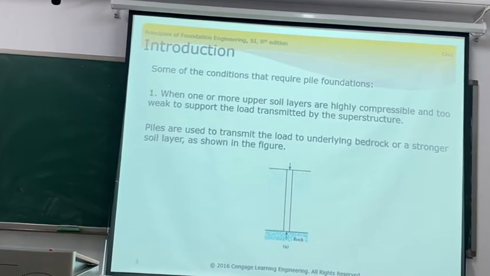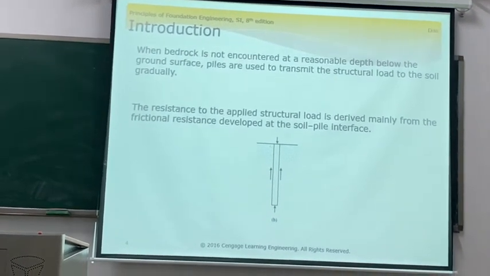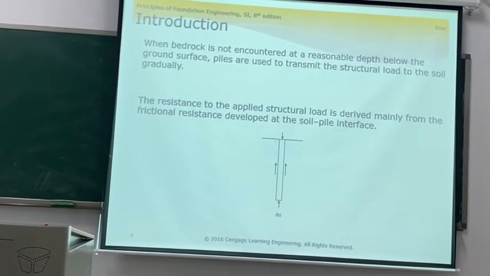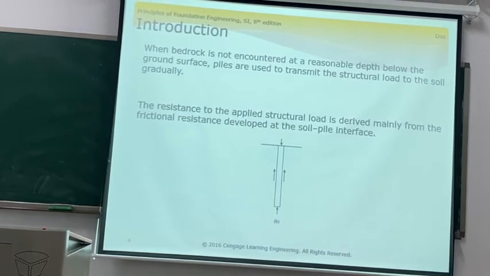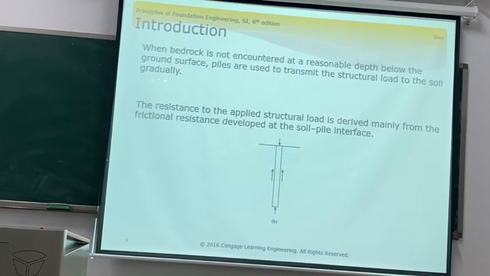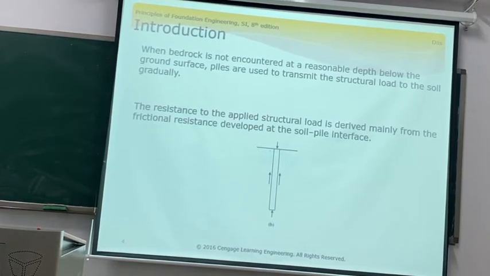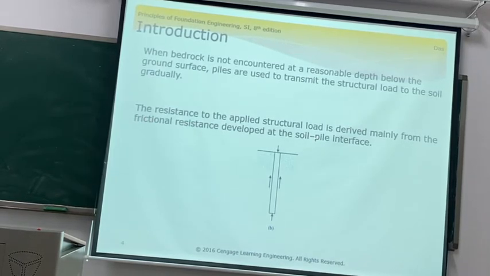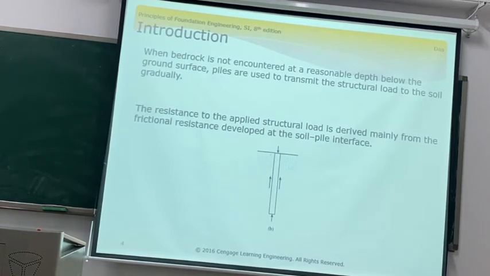When the bedrock is not encountered at a reasonable depth below the ground surface, we use piles to transmit the structural loads to the soil gradually. So the resistance to the primary structural loads comes mainly from the friction resistance developed at the soil-pile interface.